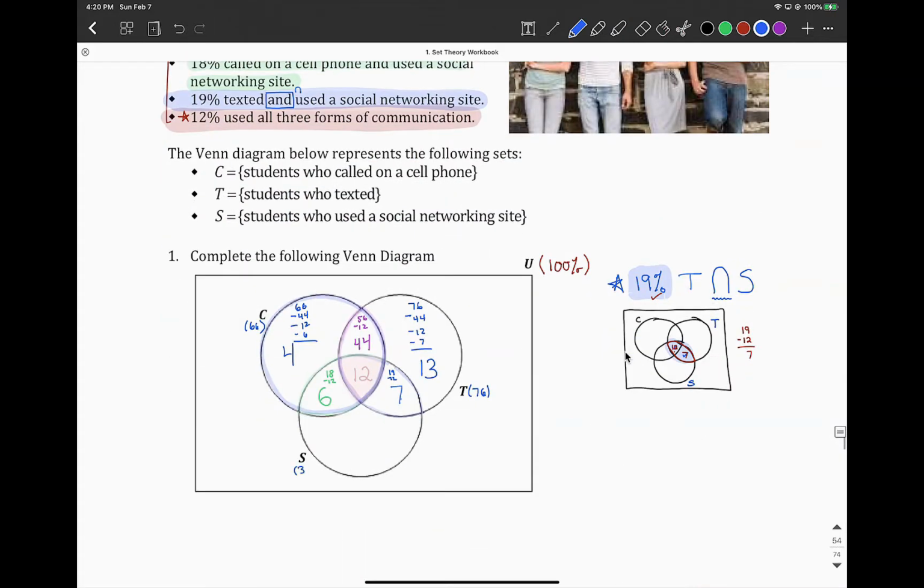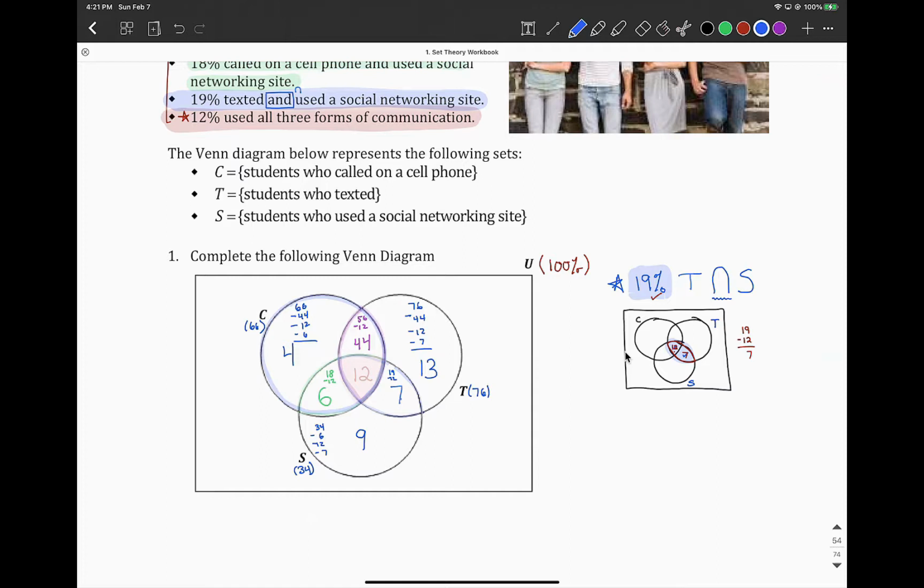And I will make sure that social networking as a whole adds up to 34. So as I take my 34 minus 6 minus 12 minus the 7, leaves me with 9. There's only 9 left.